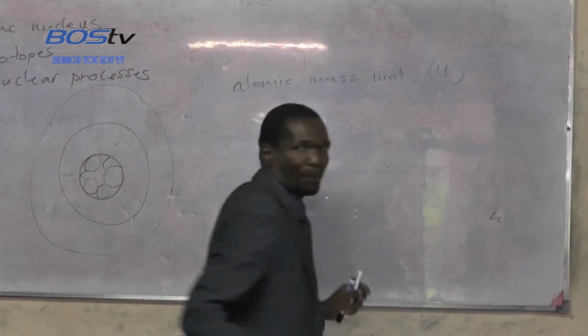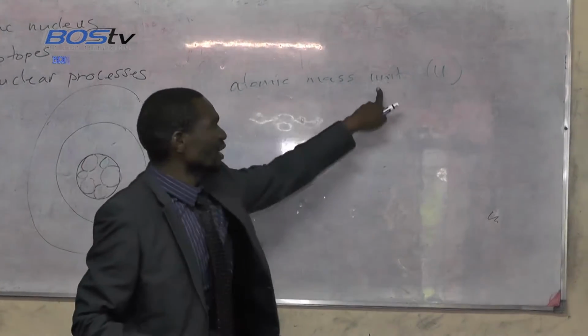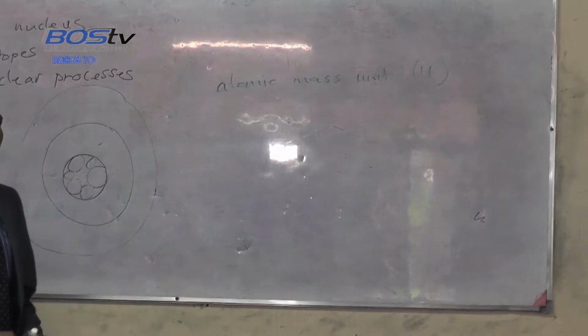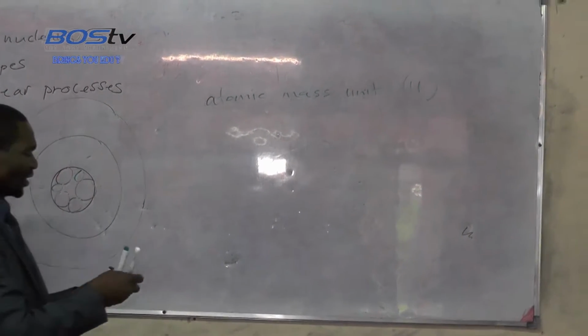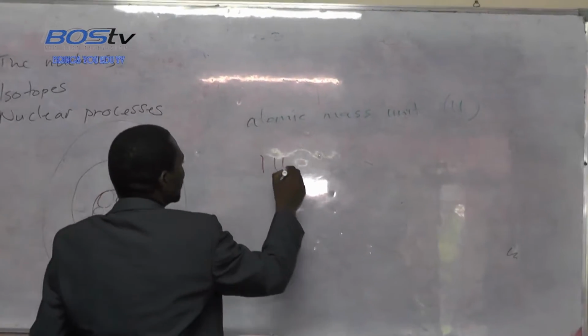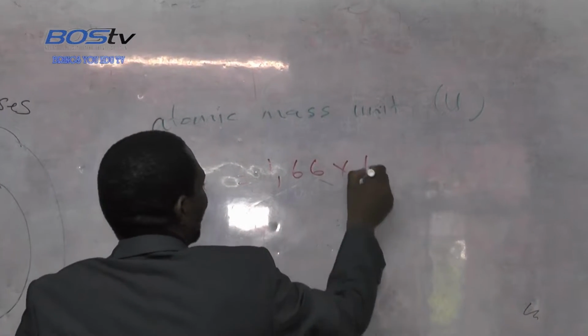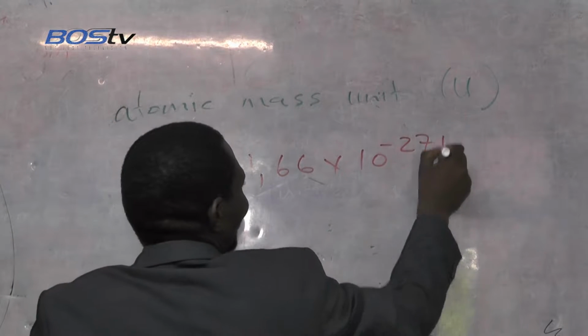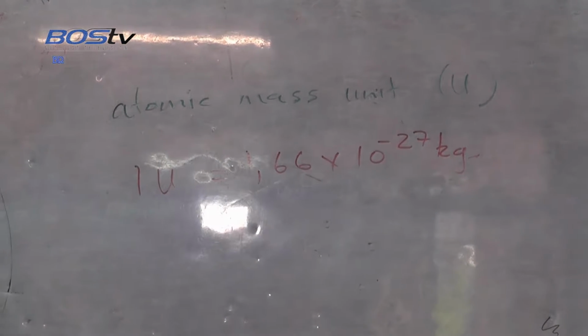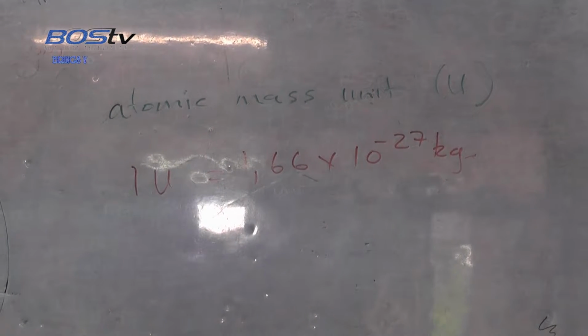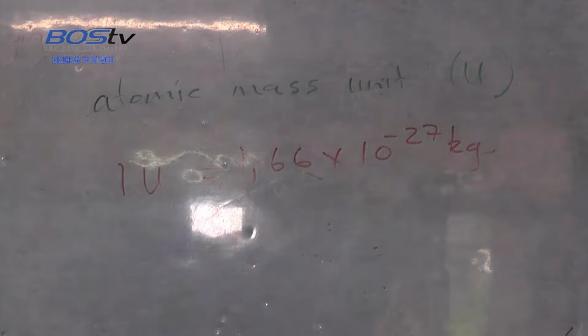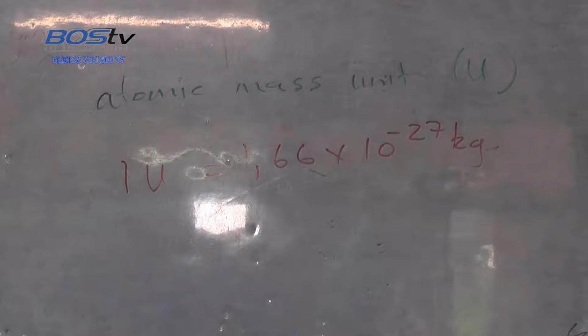You can also call it the amu. It has the value 1 u equal to 1.66 times 10 to the power minus 27 kg. I think you can acknowledge that this is a very small mass. So we are dealing with very small masses here.